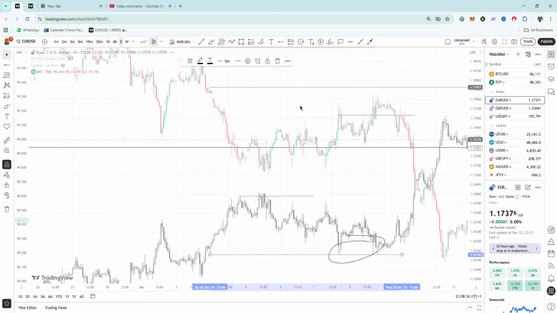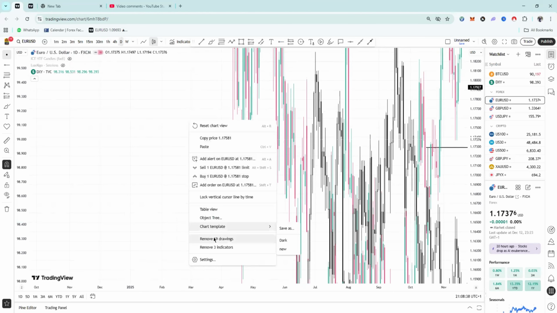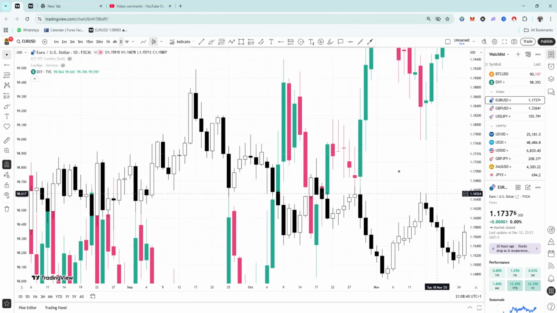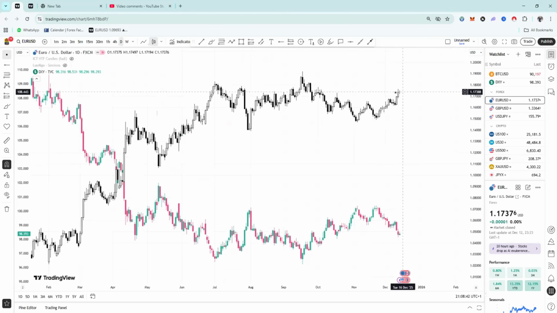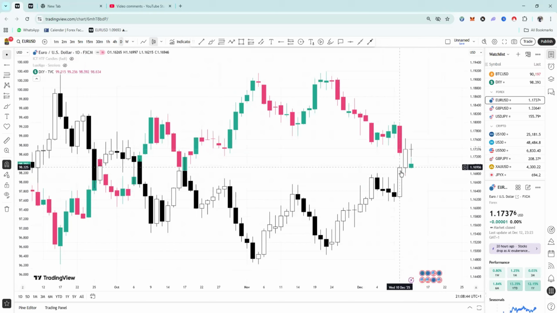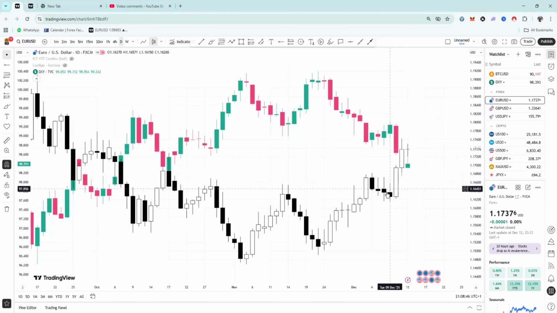Well, let's go to the daily time frame and mark them out together. Let's look at the CRT candles. Now you will notice that this was a CRT, this is a CRT low. Price took it out, and then here as well.